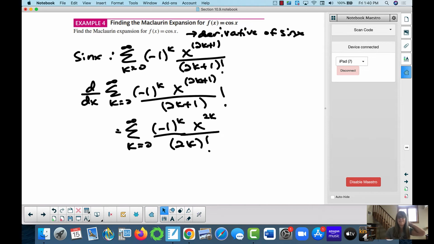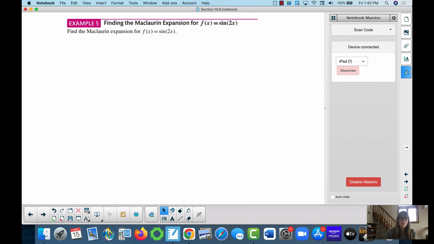So this is the series for cosine, and we were able to get that because we knew the series for sine, and we just used the differentiation property to figure out the one for cosine. We can do the same thing here for the 2x. Use the one we know for sine, and then we're going to substitute 2x for x.